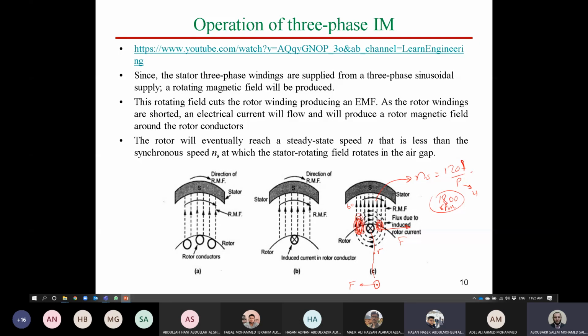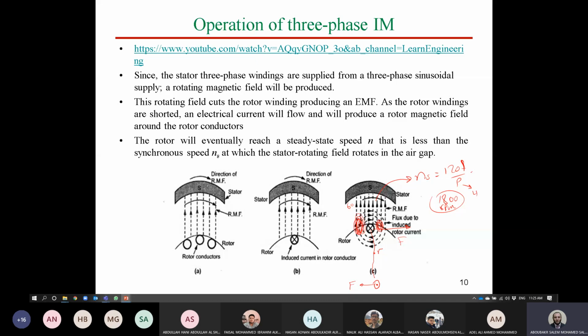Gradually. It's the same for any electrical motor. The motor has to increase the speed gradually up until reaching steady state operation. All of this period is called the transient period or starting period.